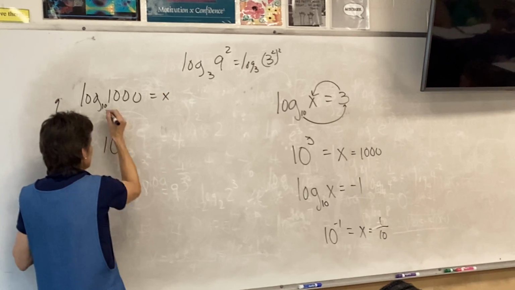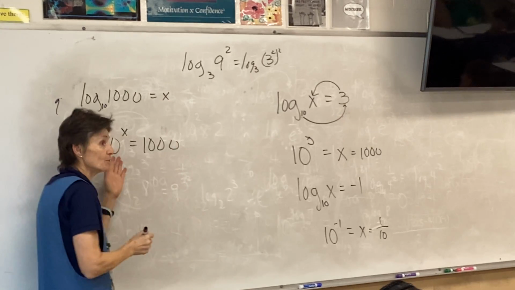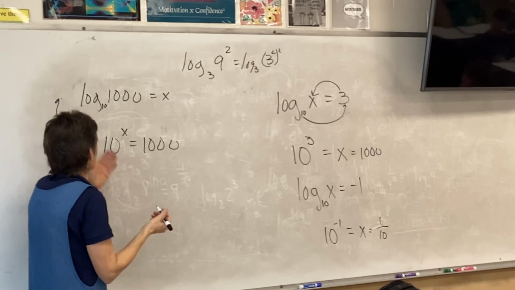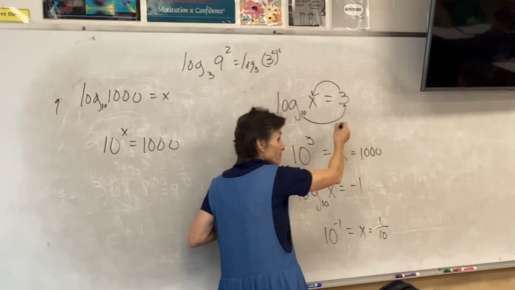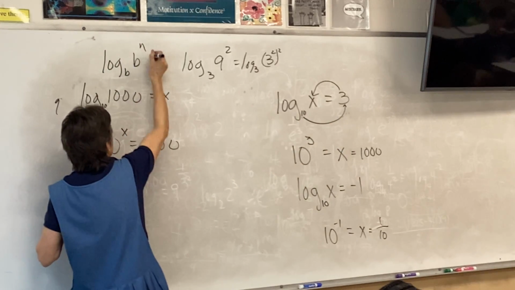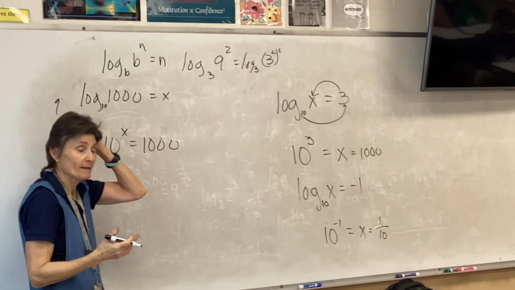So 10 to the x equals 1,000. You see how it equals 3? Yep. So you have two properties going on here. One is this log rule thing, and one is that very important property that says this. You can use either one of them. Either one of them is fine.